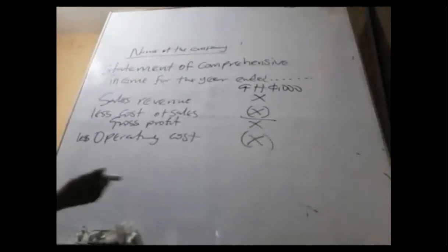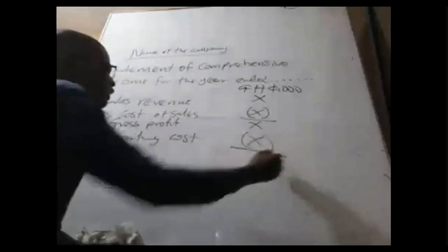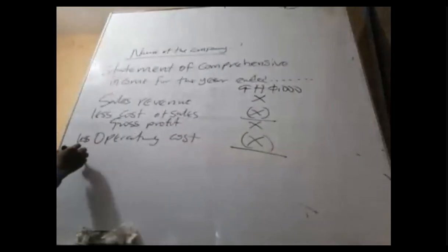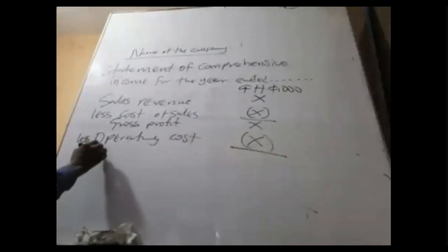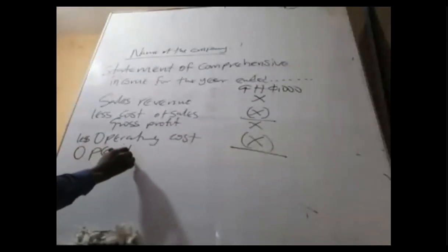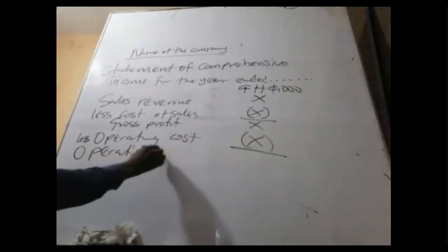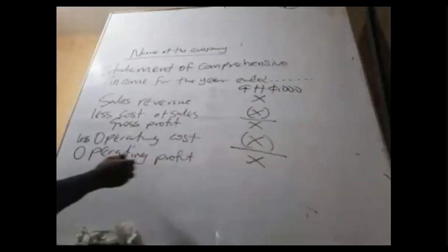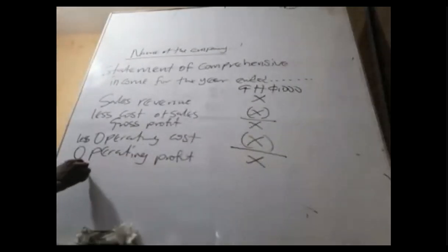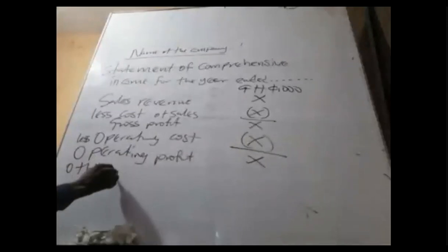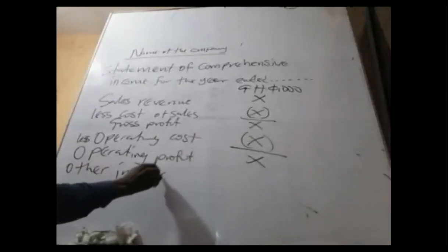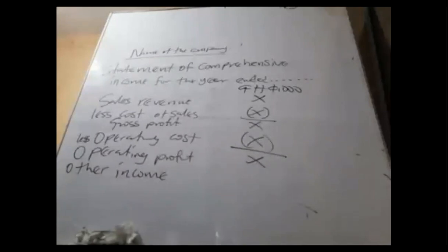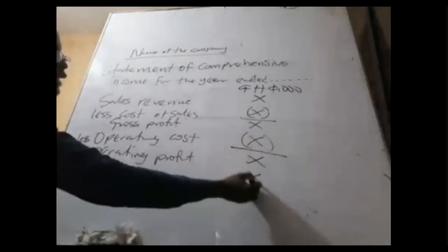Okay, so let's see. After taking it off, let's call it operating profit. This is called operating what? Profit. Then you add other income to it. Other income you add.